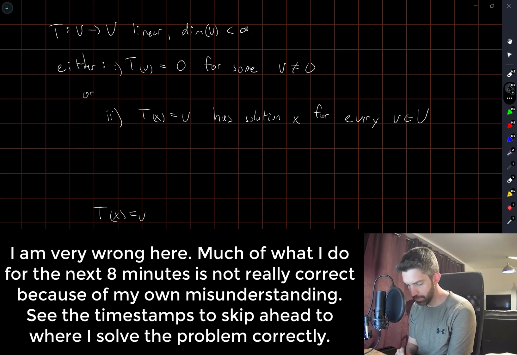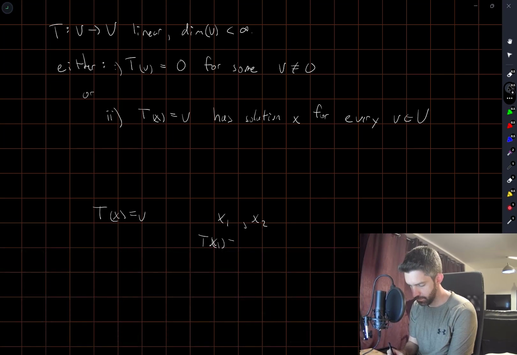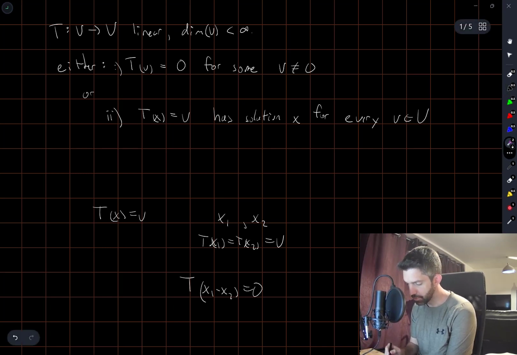And if it has multiple solutions, let's say x1 and x2, then T of x1 minus x2 is equal to 0. So these can both be true if this solution is not unique.